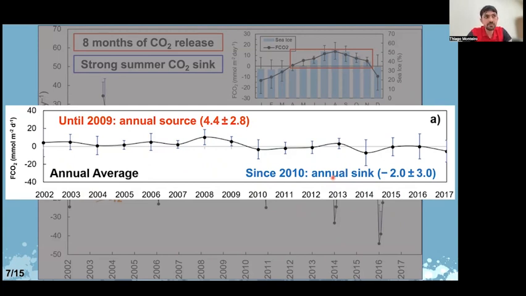This is definitely because we observed, and I will not show it here, a decreasing trend in the pCO2 at the sea surface, and at the same time, an increase in the pCO2 in the atmosphere. So because of this difference, we have more CO2 sink in recent years.